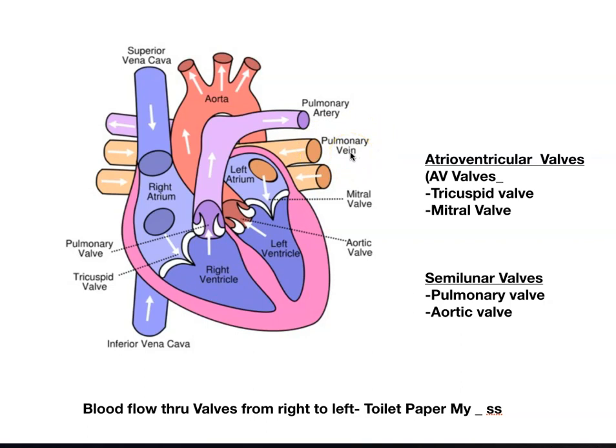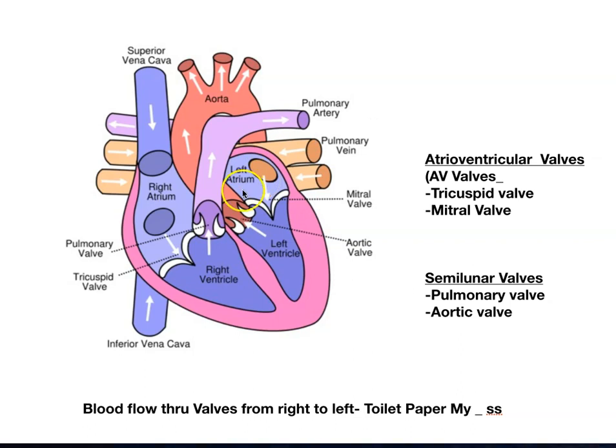Now, what's the definition of a vein? It's taking blood towards the heart. In this case, it's taking it towards the left side of the heart. So this is the left atrium. So the left and right pulmonary veins are taking blood to the left side of the heart.